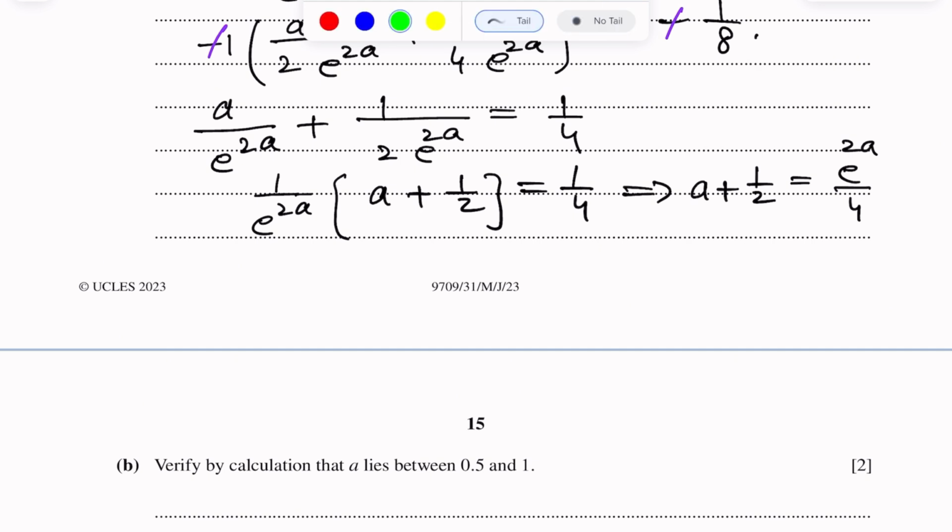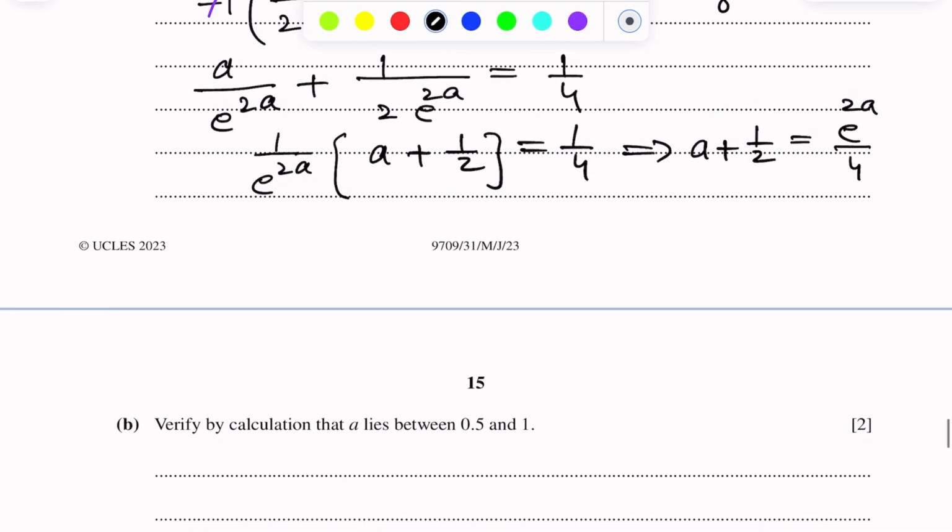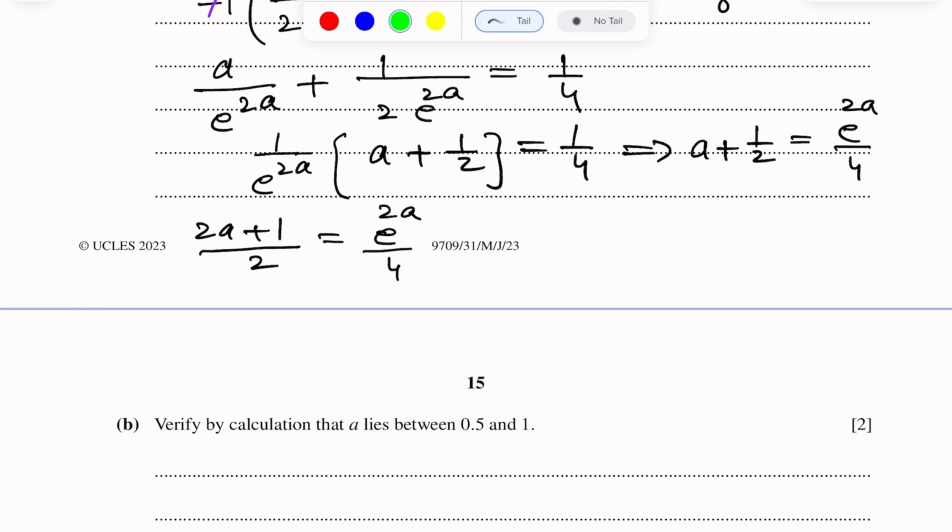Now, taking LCM of the left hand side, it becomes 2a plus 1 over 2 is equal to e power 2a over 4. Multiplying by 2 on both sides, this 2 will be cancelled.